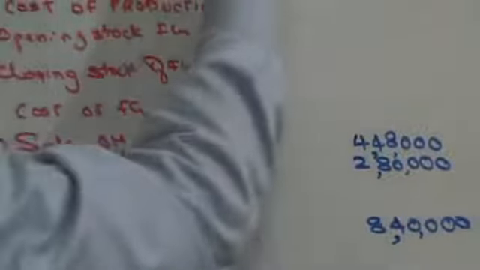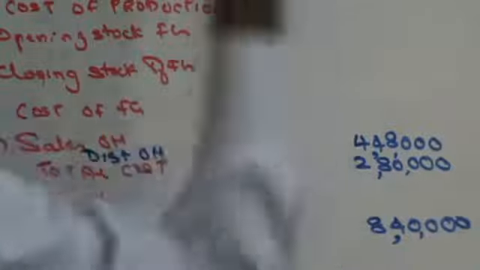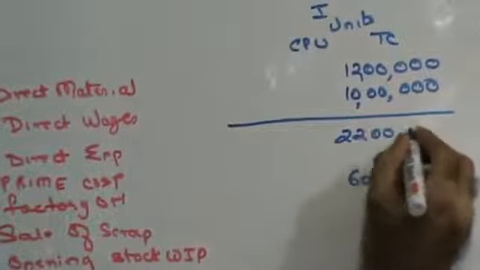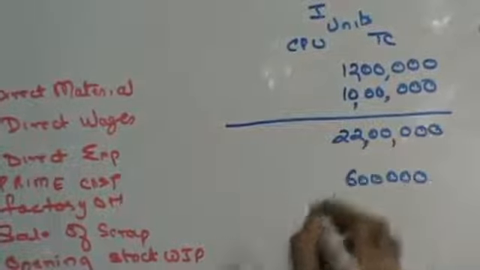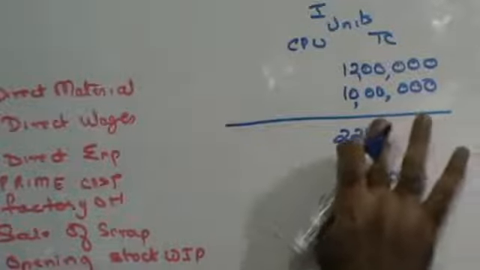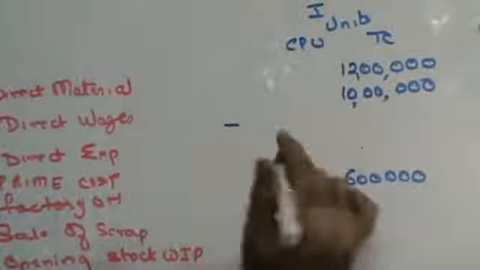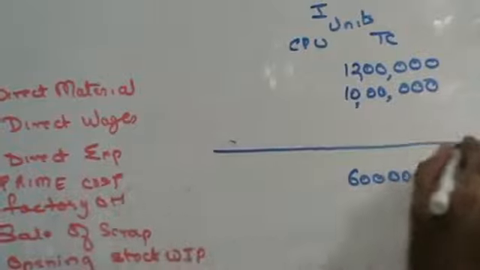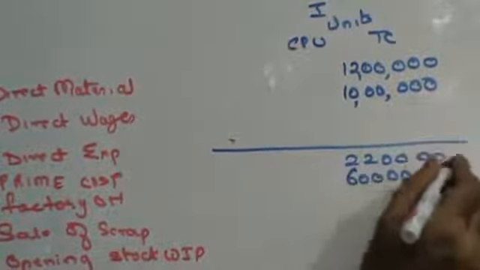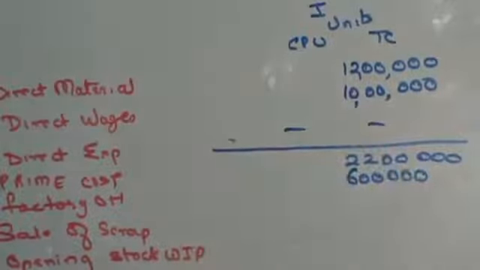Right, let's start. Are they giving you the number of units? No, they haven't given you the number of units. So prime cost is going to be 22 lakhs. Work cost 28 lakhs.